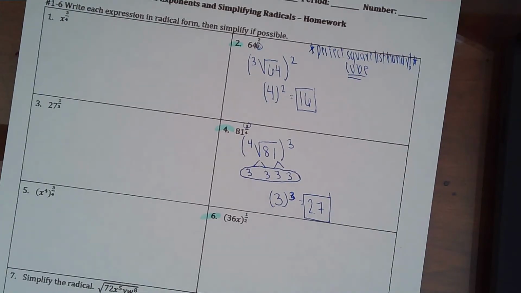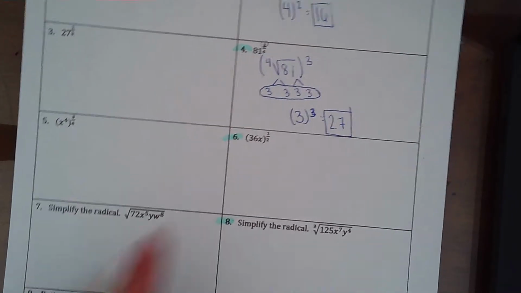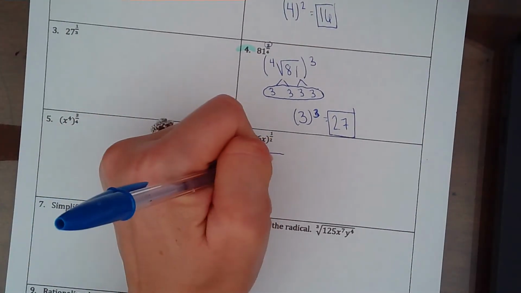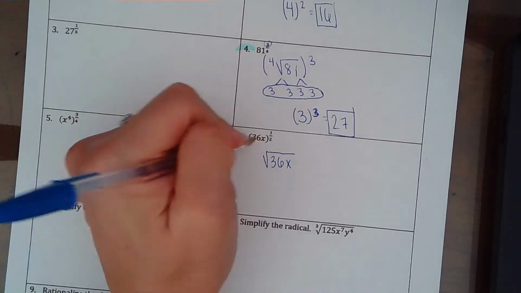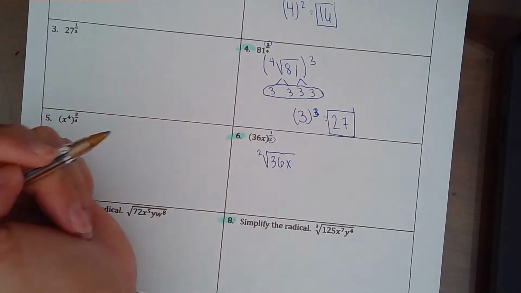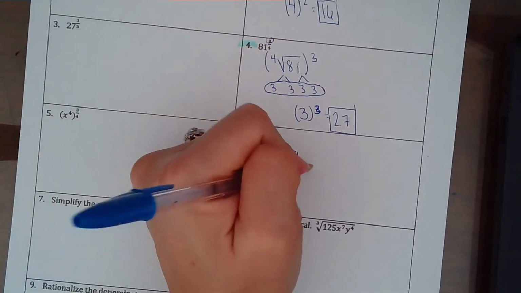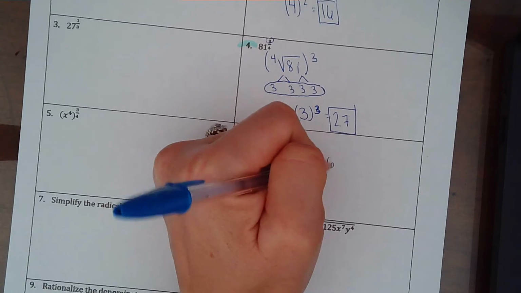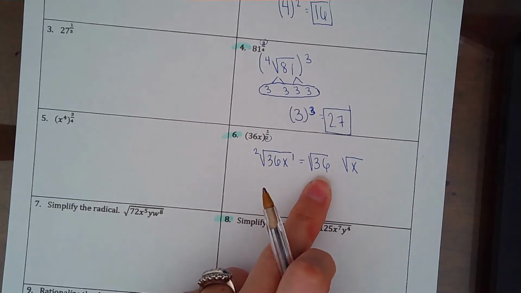Okay, well now we have the bigger fish to fry. We have 36. X is going to go in the radical. And remember, the denominator comes out here, so 2, and then it's raised to the first. So I'm going to break those apart like I did before. So the square root of 36 and the square root of x.